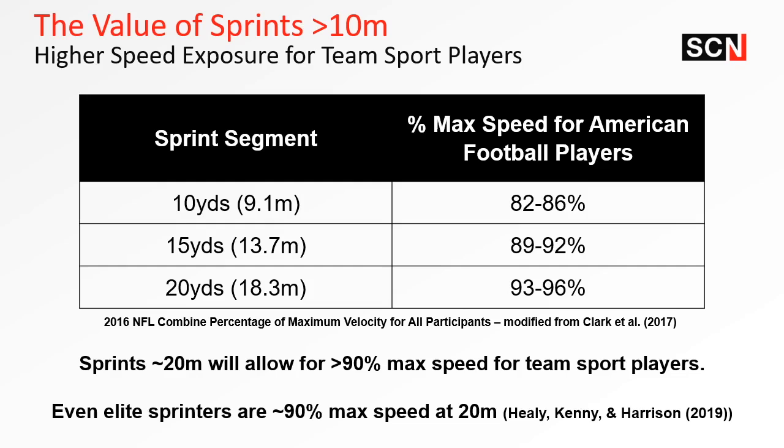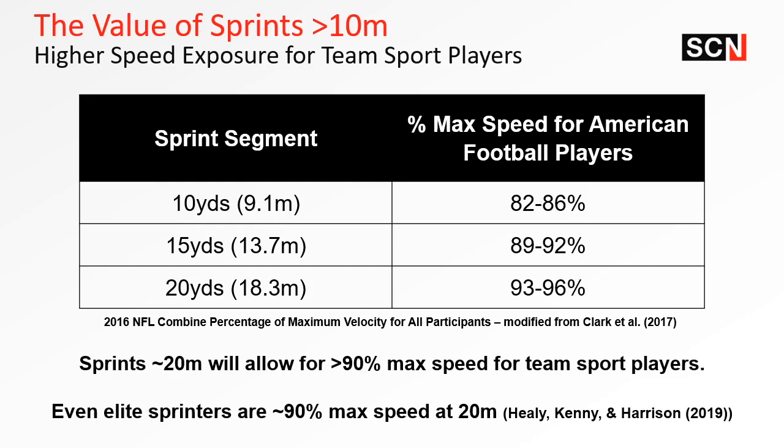And so this is a table that came from a paper by Dr. Ken Clark, where he looked at the 2016 NFL, or National Football League, combine and the 40-yard dash test in particular, and looked at the percentage of maximum velocity for all participants at each of these early sprint segments right here. So we had a 10-yard, a 15-yard, and a 20-yard sprint segment that was being discussed in the paper. And next to that, I have the equivalent distance in meters.